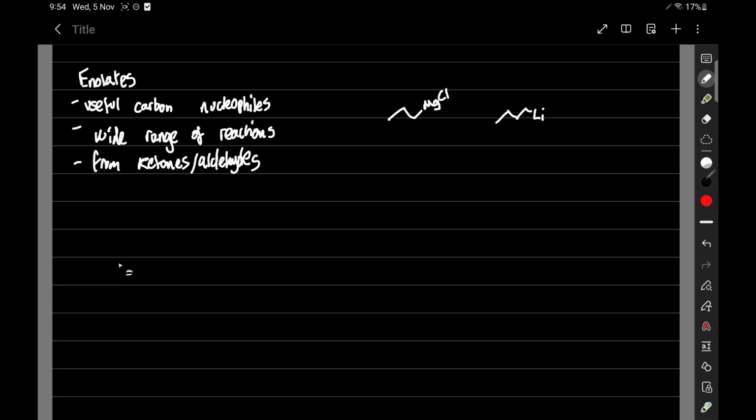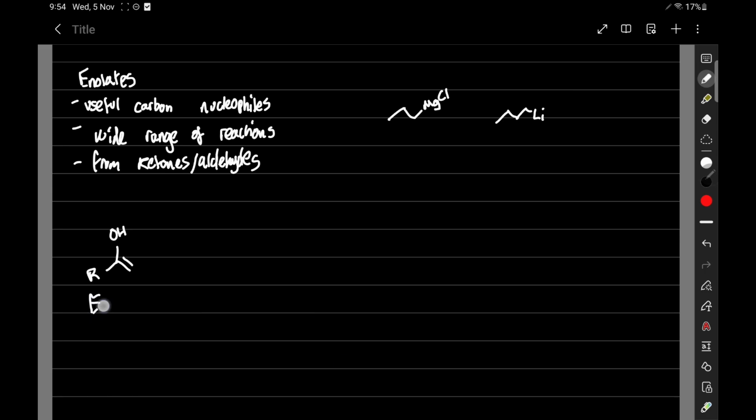So an enol looks like this. We have essentially an oxygen, so a hydroxyl group, attached to an alkene, a carbon-carbon double bond.